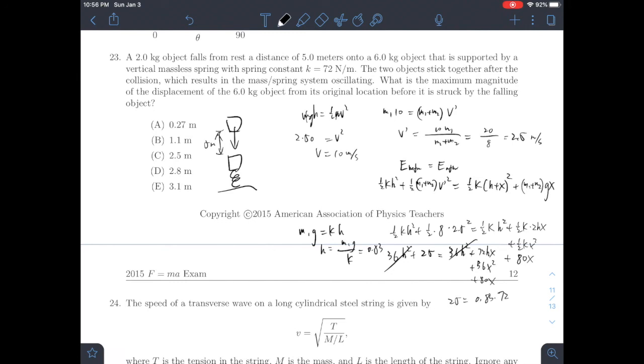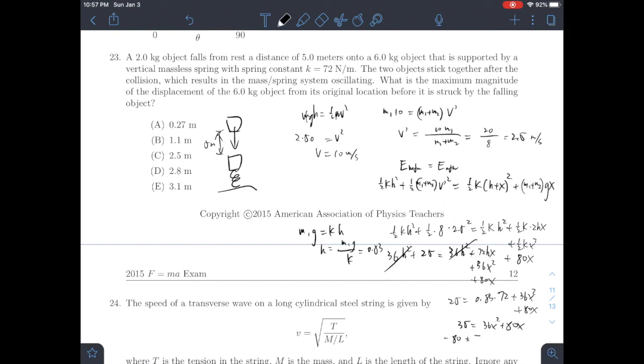So let's plug 0.83 into the original equation. We have 0.83 times 72 plus 36x squared plus 80x, which is equal to 25.